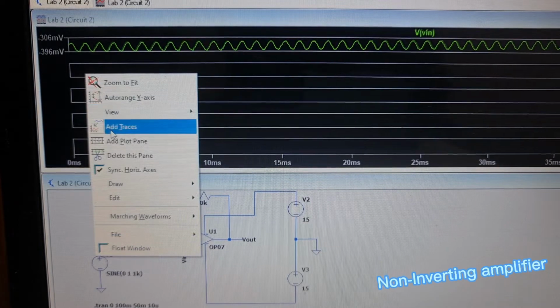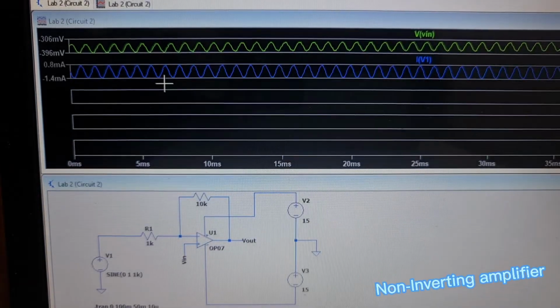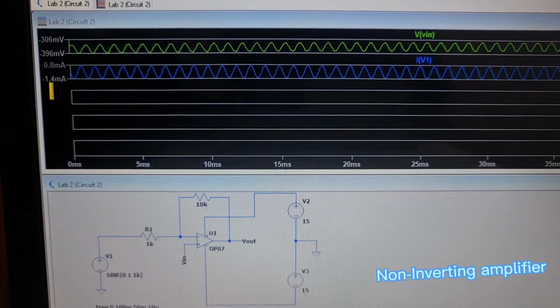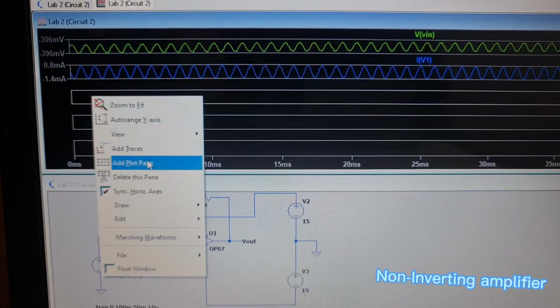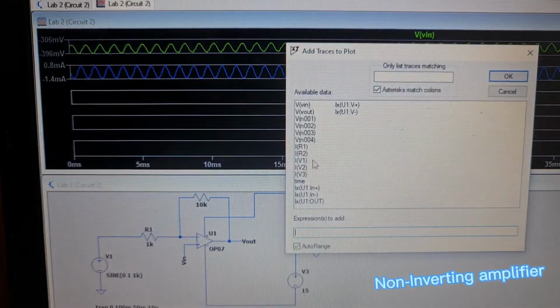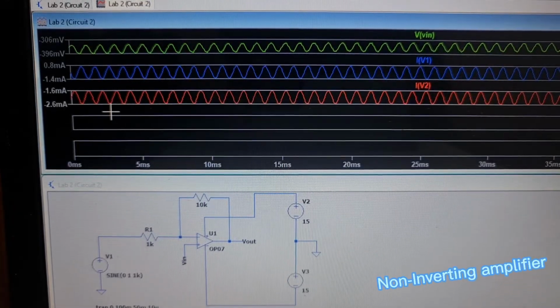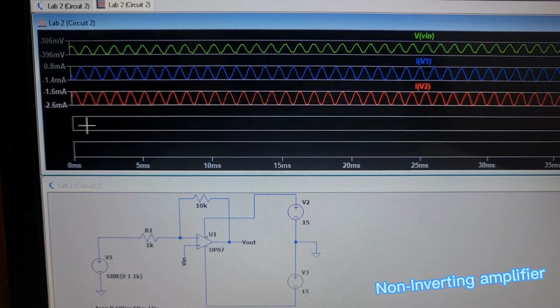Now let's look at I(V1). For this waveform, we're looking at 0.8 milliampere to negative 1.4 milliampere. Now we'll be looking at I(V2), which is negative 1.6 milliampere to negative 2.6 milliampere.